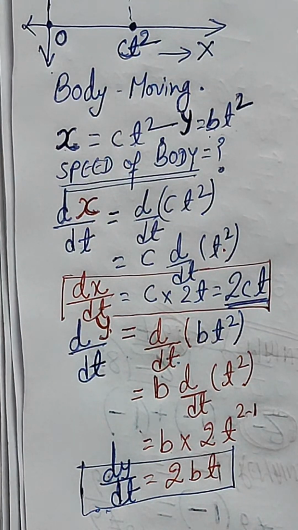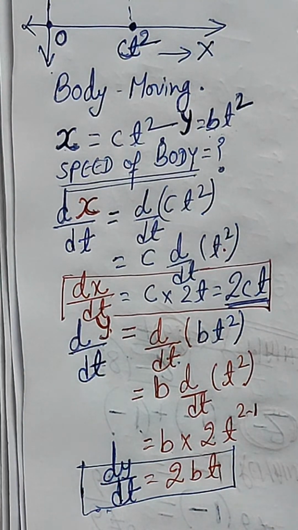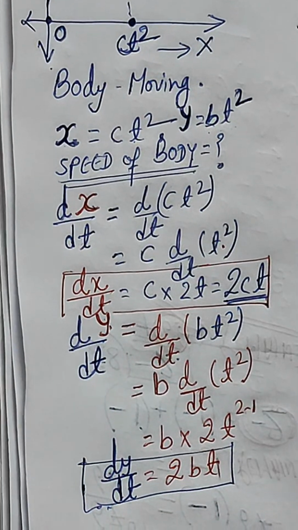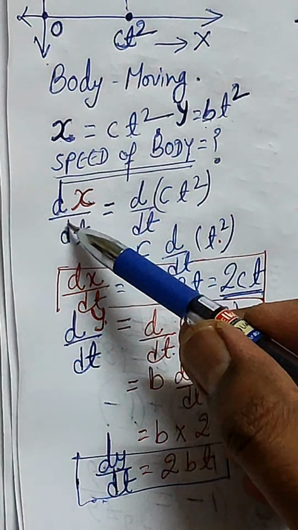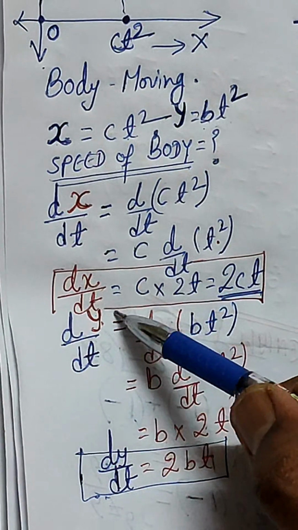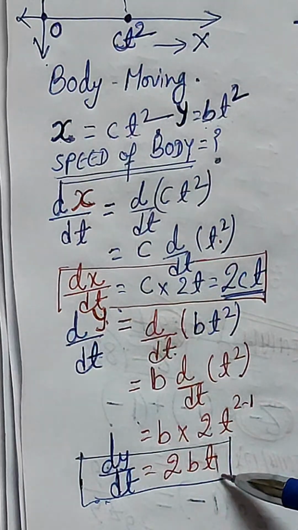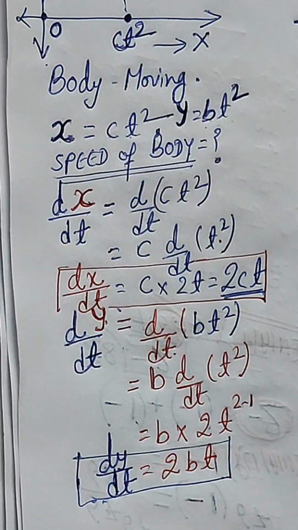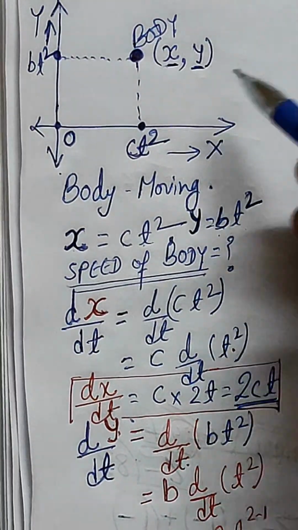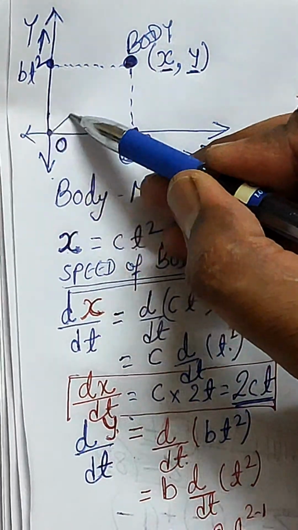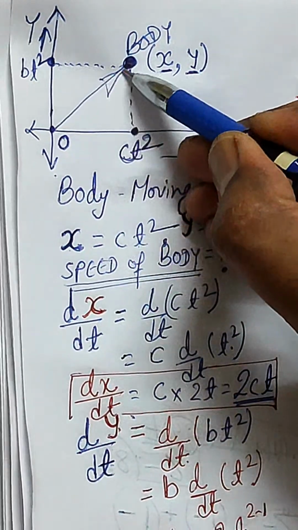Now the question is the speed of the body. So since we have calculated the x component here and the y component here, what will be the resultant? Here you can see this will be the resultant, right?